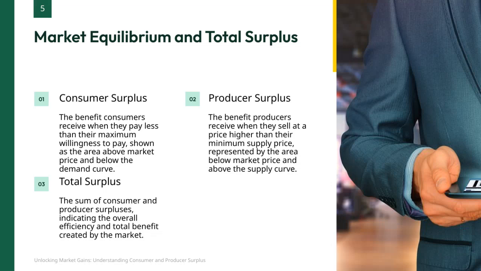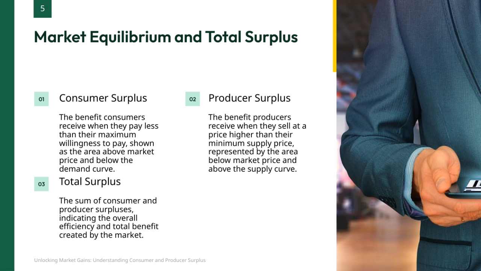Here we're exploring key concepts related to market equilibrium and total surplus. First, consumer surplus represents the benefit consumers get when they pay less than what they're actually willing to pay. You can visualize this as the area above the market price, but below the demand curve. Next, we have producer surplus, which is the benefit producers enjoy when they sell a product at a price higher than their minimum supply cost.